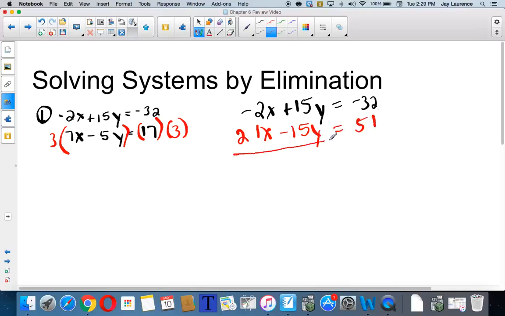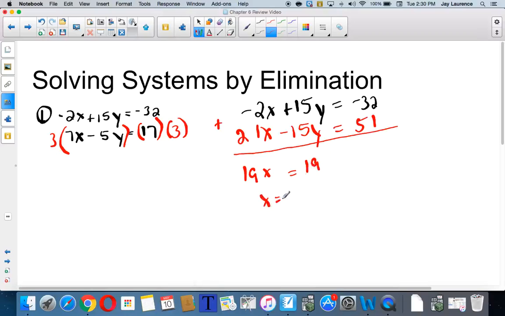All right. So now to do elimination, I'm just going to add them together. So I'm going to get a 19x, and that's going to equal, let's see, it's going to be 19. I think negative 32 plus 51 is 19.